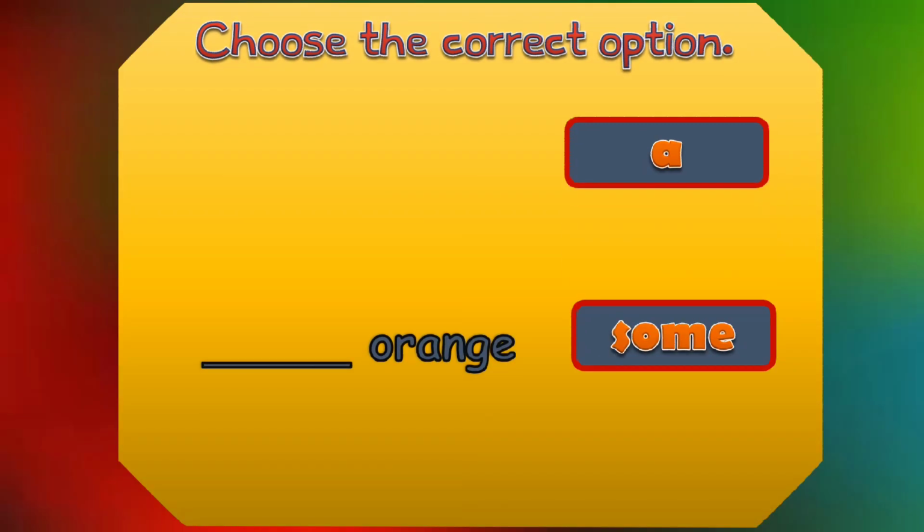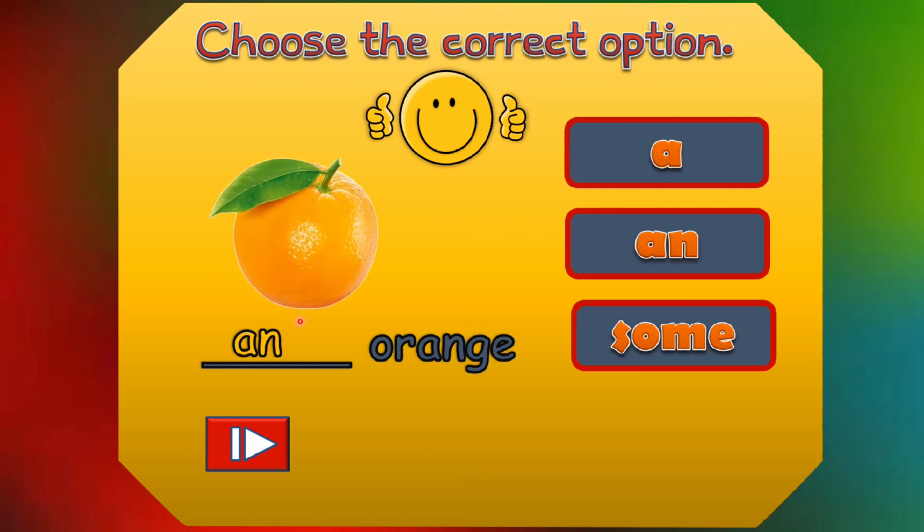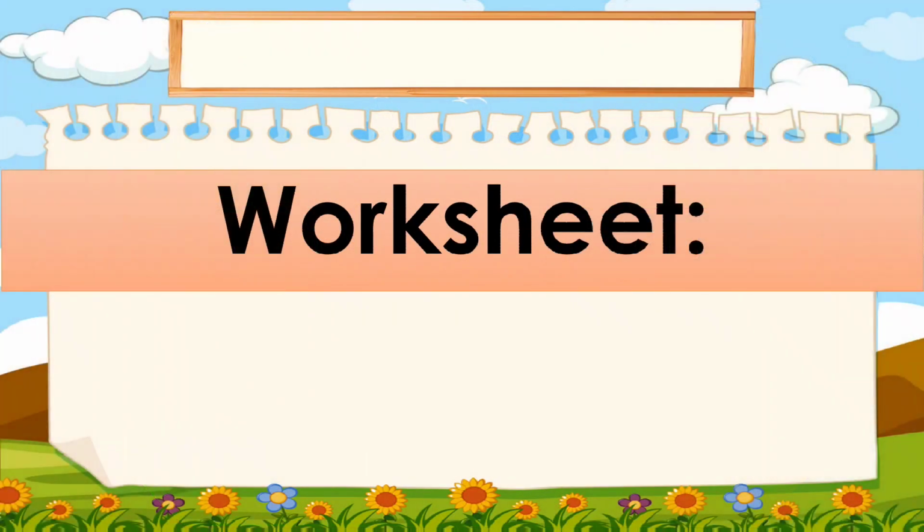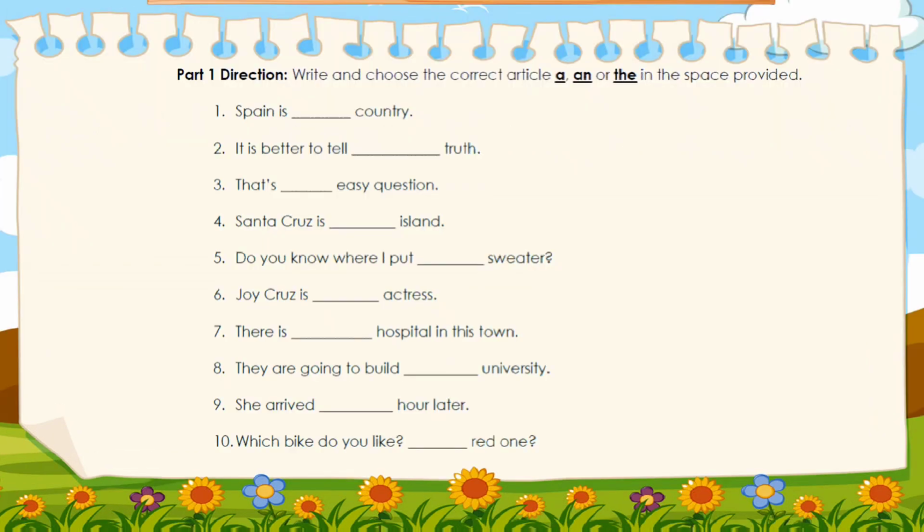We have an orange. Since orange starts with a vowel sound, we will use an orange. So this would be our worksheet for today. For numbers 1 to 10, all you have to do is fill in the blank with a, an, or the.